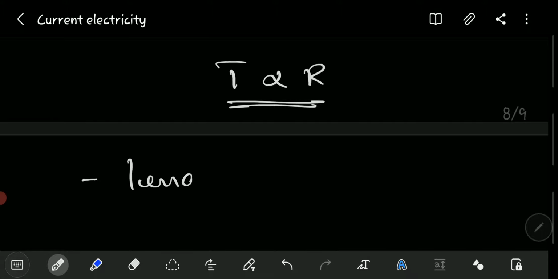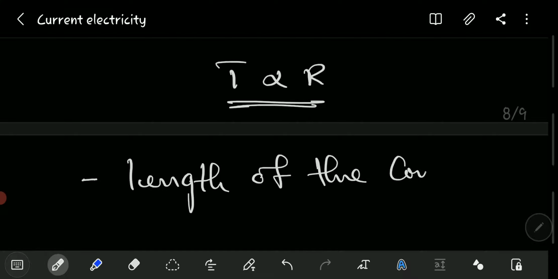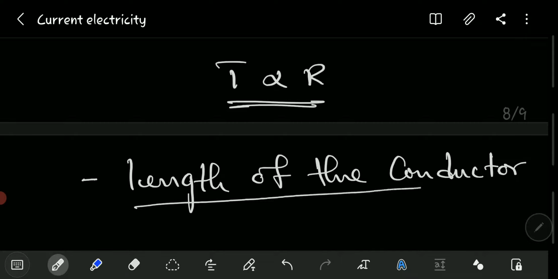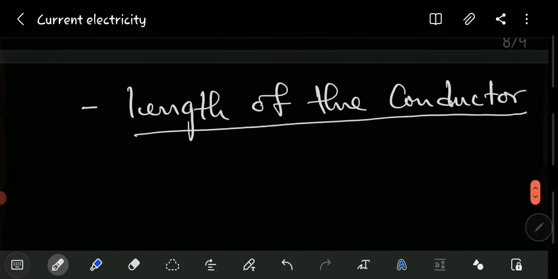The length of the conductor. Okay? And what is the relationship between length of the conductor and resistance? The longer the electrical conductor, the higher the resistance.